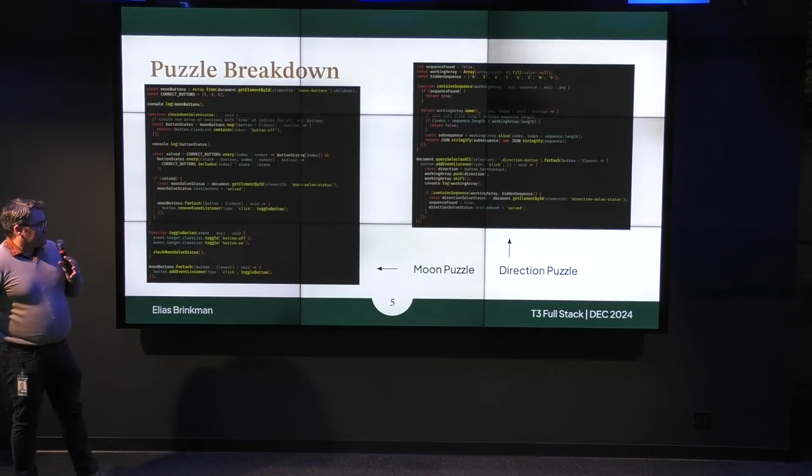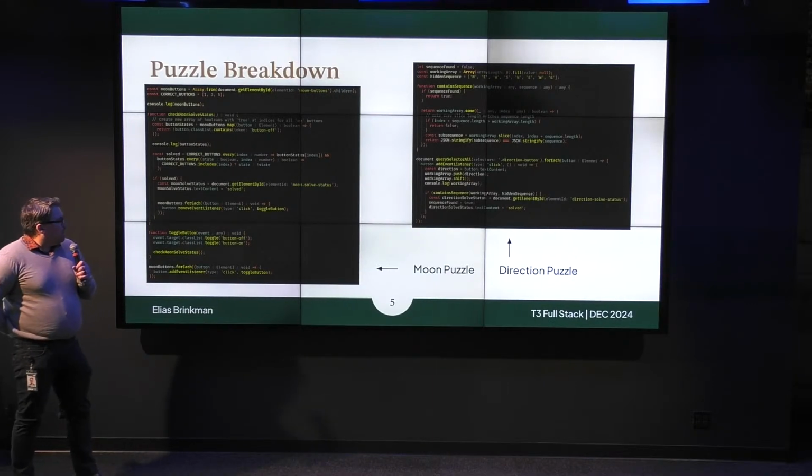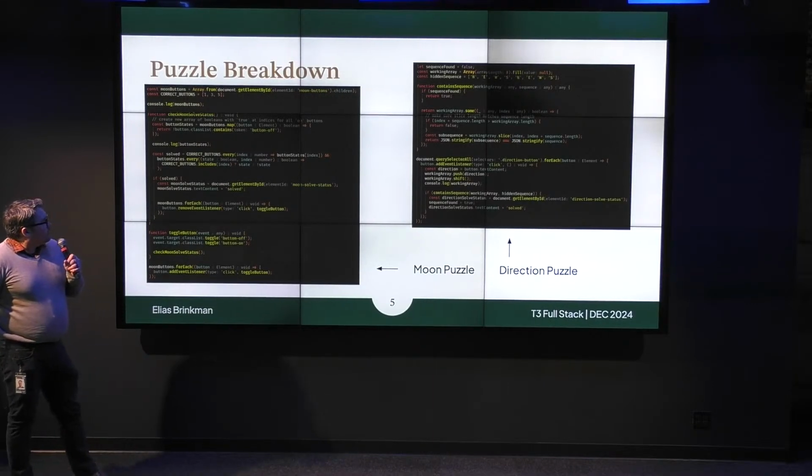So in the meantime, I've just created these puzzles in a sort of two-dimensional space. On my website, I have another page called tests, and you'll see that in the little video demonstration. I have created a breakdown of two of the puzzles that I have. I have a moon puzzle and a direction puzzle.